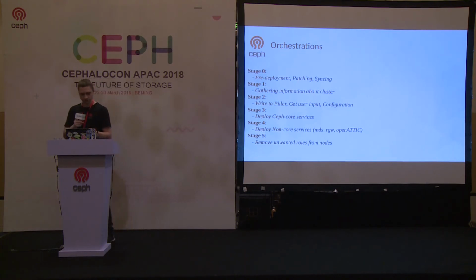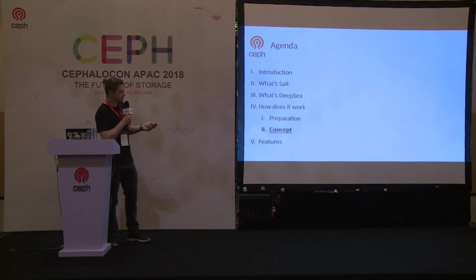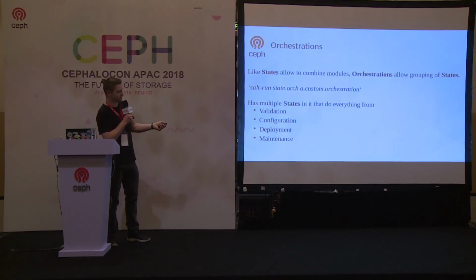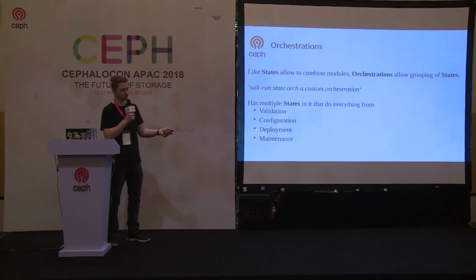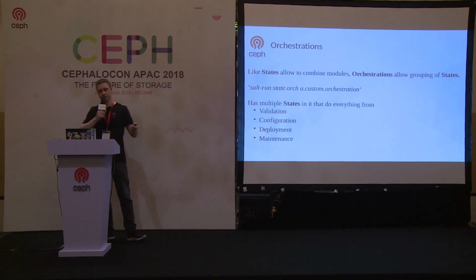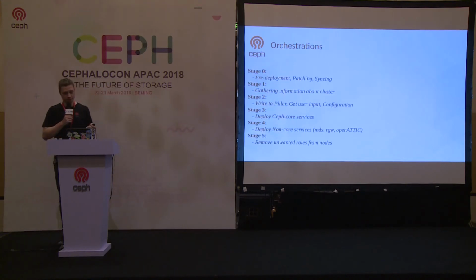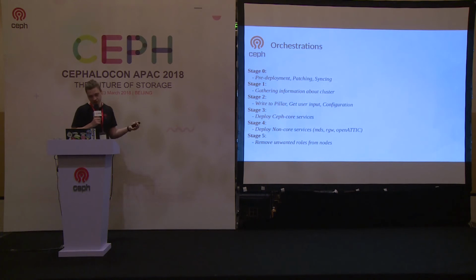And there is the third stage, which actually does all the deployment for you. You can see that this is just one of these commands. You write salt-run state.orchestrate ceph.stage.1, 2, 3, and then that's good. And then we also divided it into 4 and 5.